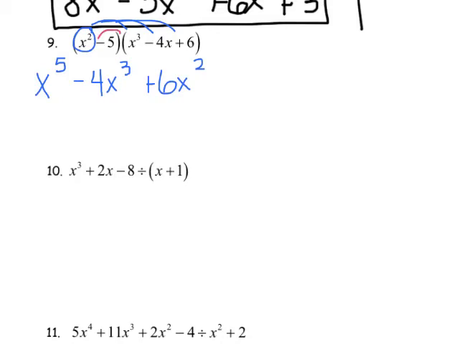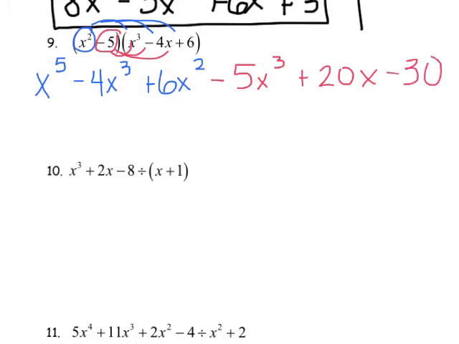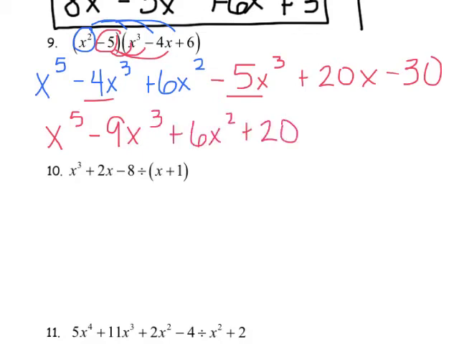Now do this one, minus 5 times x cubed is minus 5x cubed plus 20x minus 30. So for a final answer, it looks like the only combination would be these two guys. So x to the 5th minus 9x cubed plus 6x squared plus 20x minus 30.